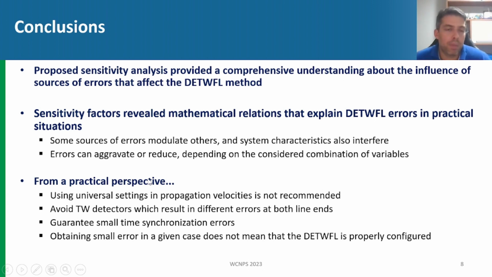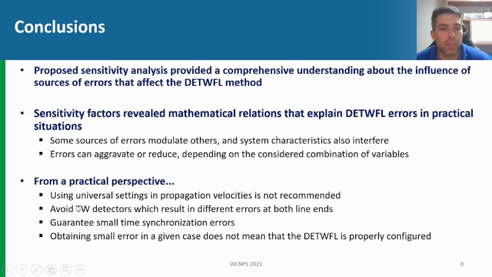From a practical perspective, we could conclude that using universal settings in propagation velocity is not recommended because it increases the chance of higher values in delta V, and delta V interacts with most of the evaluated variables, which is a good point to see in practical applications because it can lead to huge errors.